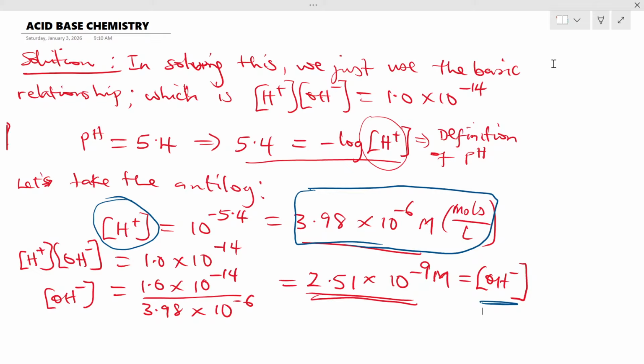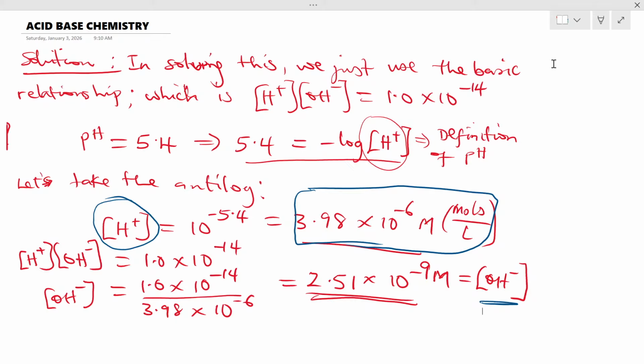If you take the hydrogen ion concentration as the subject of the formula, to remove the log you take the anti-log, exponentiating to base 10. The answer you get is 3.98 times 10 raised to power minus 6 molar, which is moles per liter.